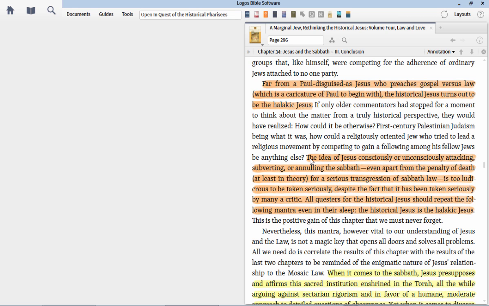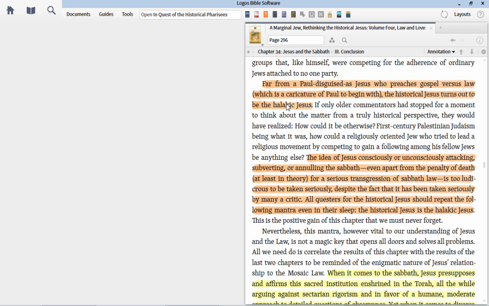This Catholic leading biblical scholar says, far from a Paul disguised as Jesus, who preaches gospel versus law, which is a caricature of Paul to begin with, even Paul actually didn't preach law versus grace, law versus gospel. And the historical Jesus certainly did not. The historical Jesus turns out to be the halakhic Jesus, the law-keeping Jesus, the Jesus who is concerned with the right, proper way to keep the law.